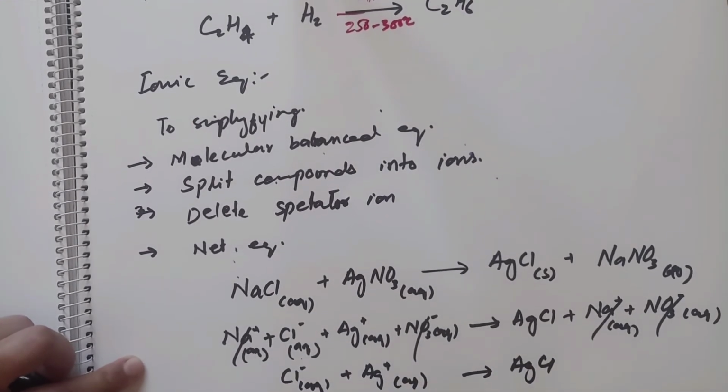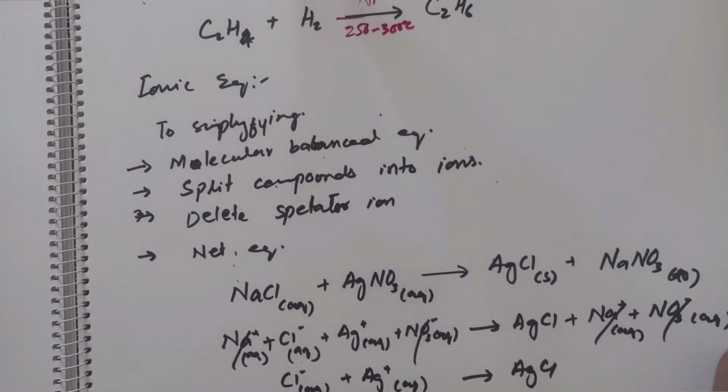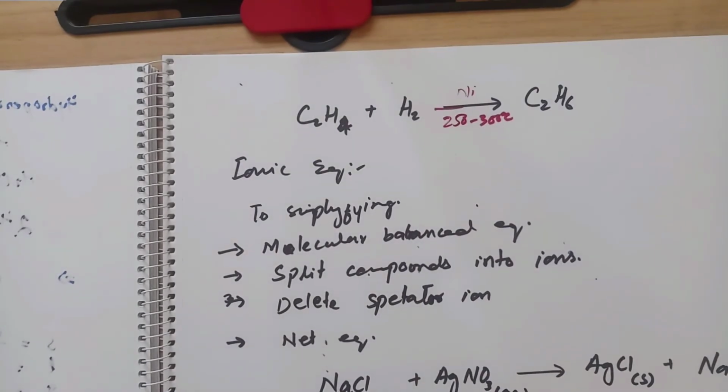This is our net equation. It means only these ions present in the solution, silver and chloride ion, are responsible in the chemical reaction, while the other ions are spectator ions. They are not involved in the chemical reaction. Is it clear? So to understand it, take another example.